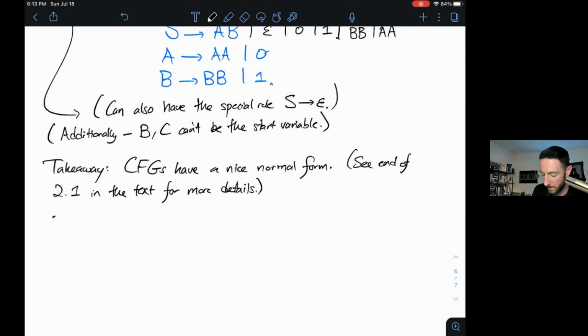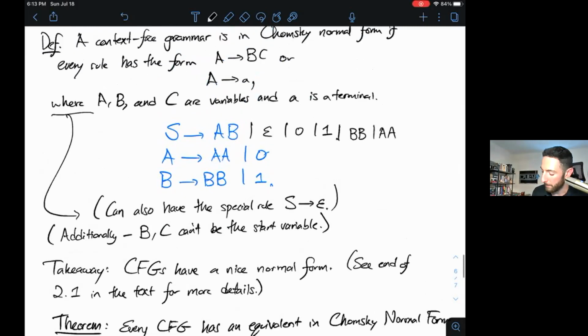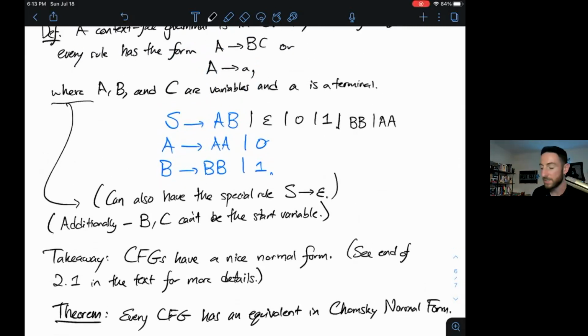And that theorem: every CFG has an equivalent in Chomsky normal form. So that particular transformation is not going to be required knowledge because we're not going to dwell on this very much. I just think it's a cool topic, and I wanted to make sure you had that entryway.